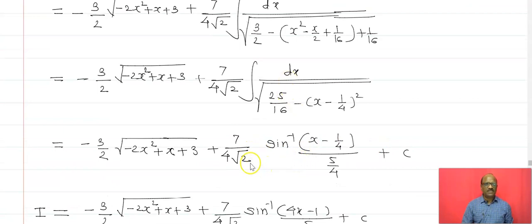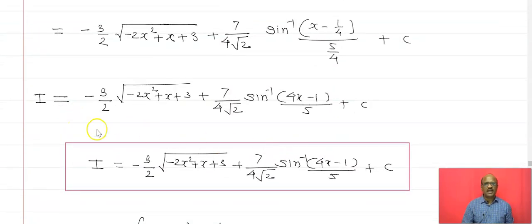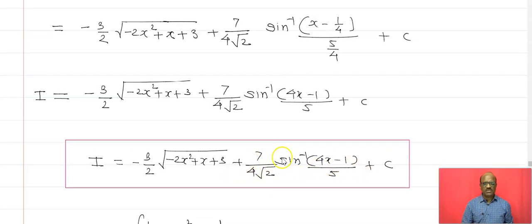And therefore its integral is 7 upon 4 root 2 sine inverse of x minus 1 by 4 upon 5 by 4 plus c. Now simplify this. That is 7 upon 4 root 2 sine inverse of 4x minus 1 upon 4 upon 5 by 4. That 4 will get cancelled, plus c. And hence I is equal to minus 3 by 2 under root of minus 2x square plus x plus 3 plus 7 upon 4 root 2 sine inverse of 4x minus 1 upon 5 plus c.